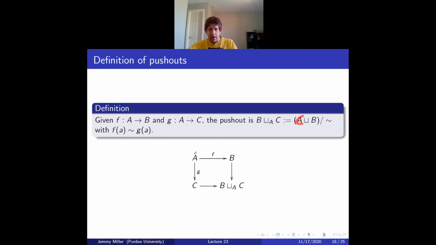You start out with A, map it over here and over there, and you just glue those two points together in the pushout. It satisfies whatever universal mapping property it should satisfy.